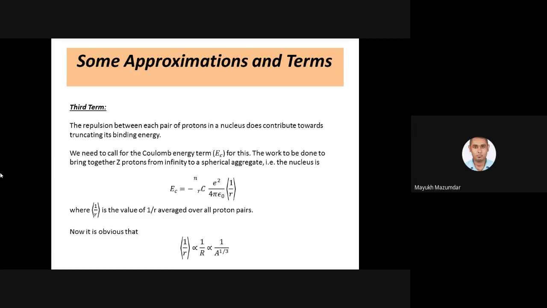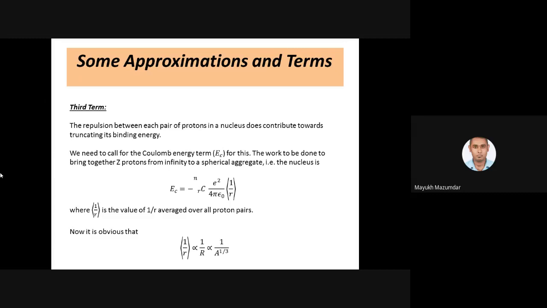Repulsion always tries to break the stability. You will never find any system which has been stabilized by repulsion alone. Whenever there is repulsion, we call for an attraction to take care of that. Even attraction alone doesn't take care of stability. If there is only attraction, then the thing will collapse.